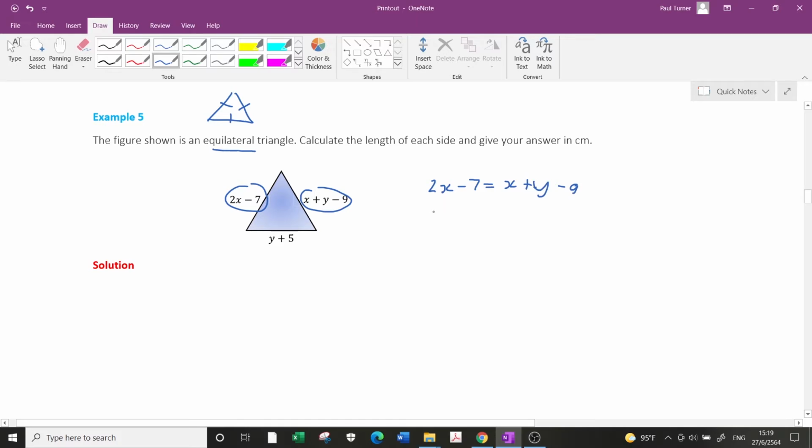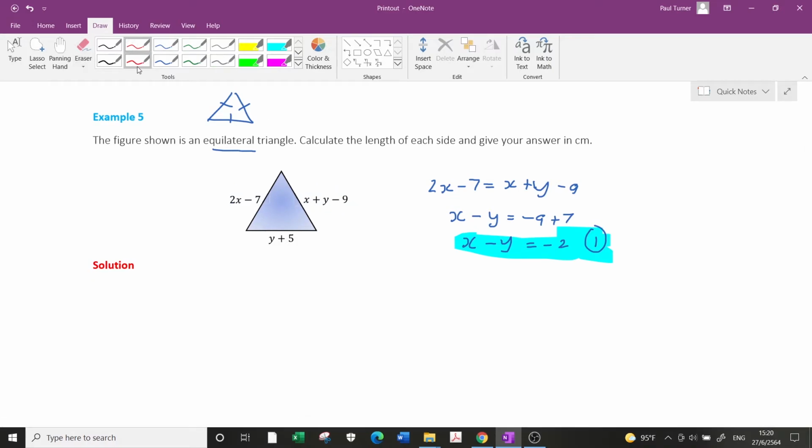And we rearrange that. We'll get 2x minus x, which is x, minus y equals minus 9 plus 7. X minus y equals minus 2. That's your first equation. So we'll highlight that. First equation here. Then we can form another equation.